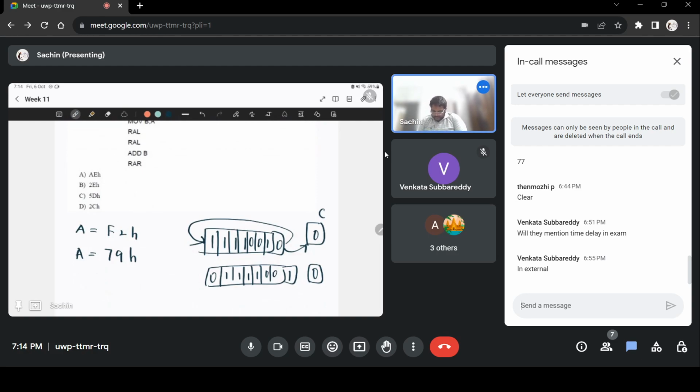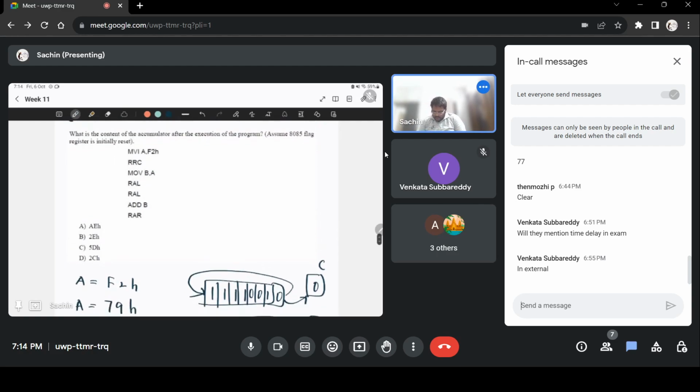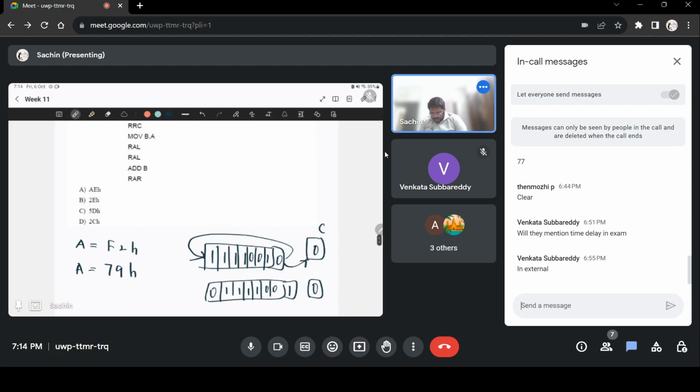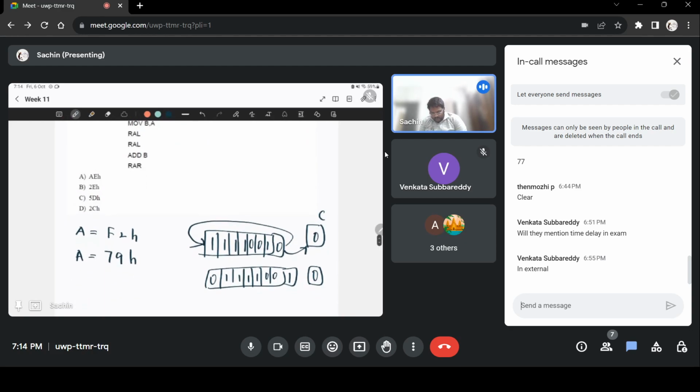Okay, MOV B, A. So the accumulator contents are moved to register B, but a move operation doesn't change the contents of the original source. So the accumulator content is still this, and B is also 79H now.